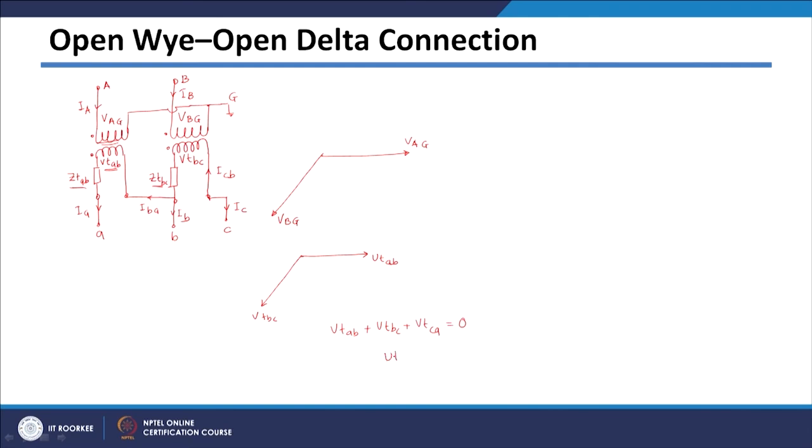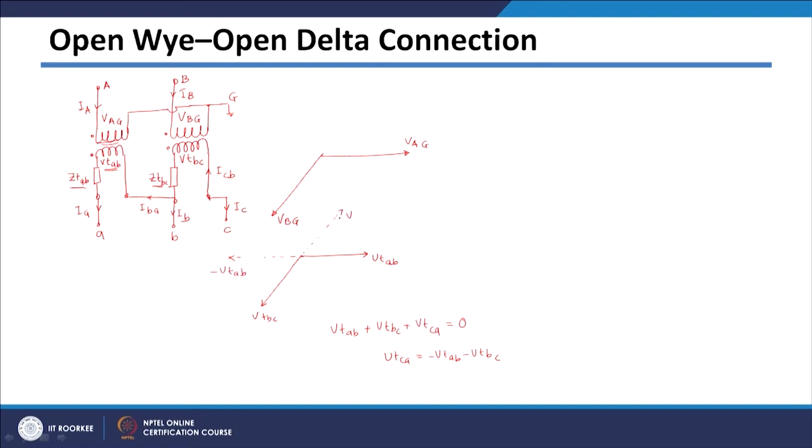So in that case VTCA will be equal to minus VTAB minus VTBC. So your minus VTAB will come somewhere here. So this will be minus VTAB and minus VTBC will come somewhere here.